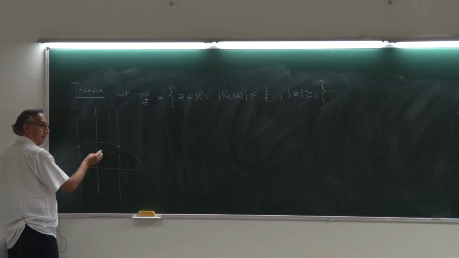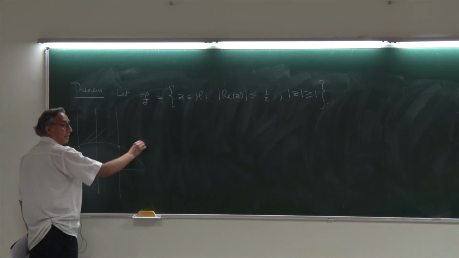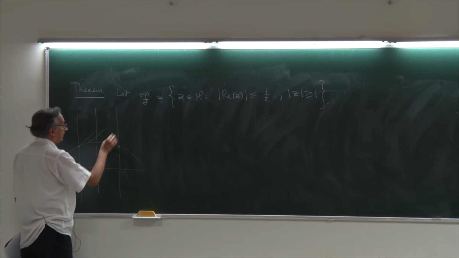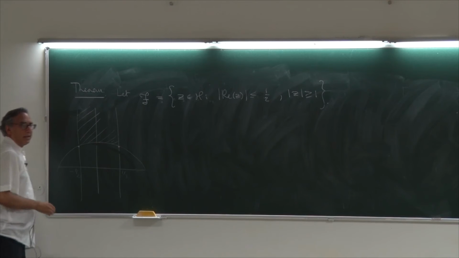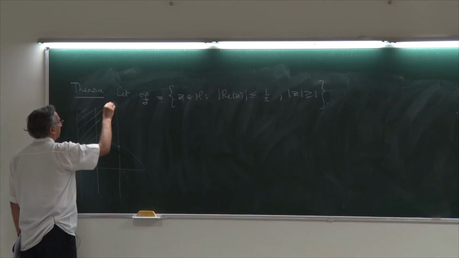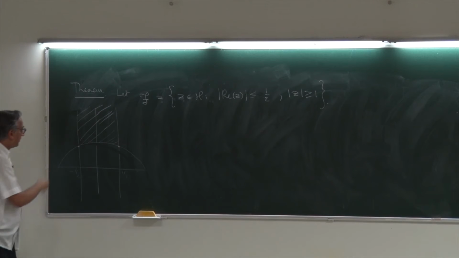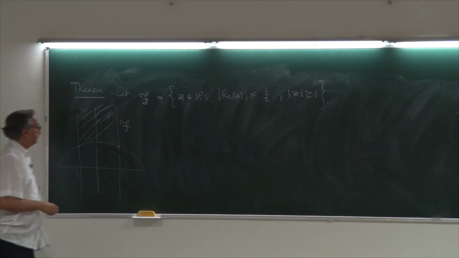So this is the unit circle, and so the region mod z is bigger than or equal to 1 is outside of the unit circle, right? And it has to intersect with the fact that the real part has to be between -1/2 and 1/2. So this is the region we're talking about. So the picture looks like this for f.